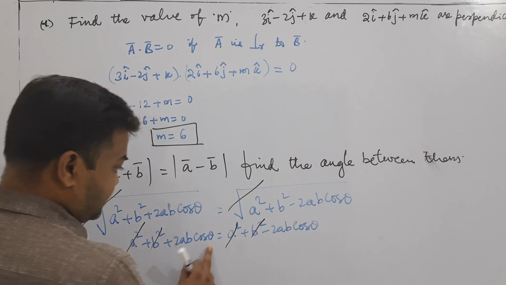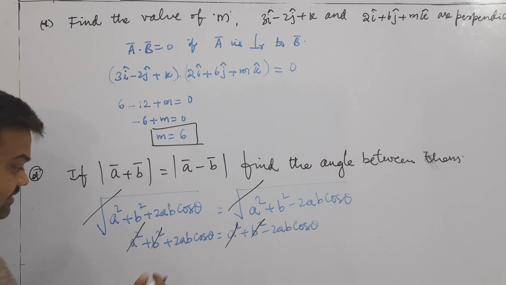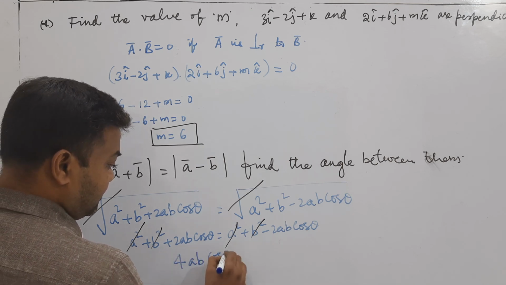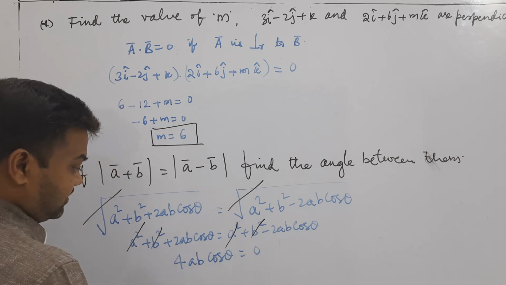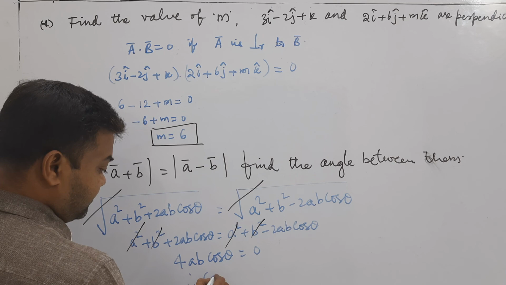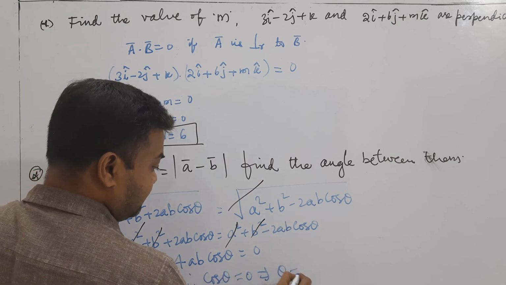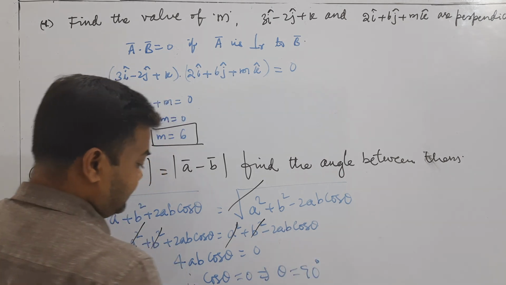Plus 2ab cos theta, you bring this minus 2ab cos theta to this side, and finally we will have 4ab cos theta is equal to 0, where ab does not equal 0. Therefore cos theta is equal to 0, means theta is equal to 90 degrees.